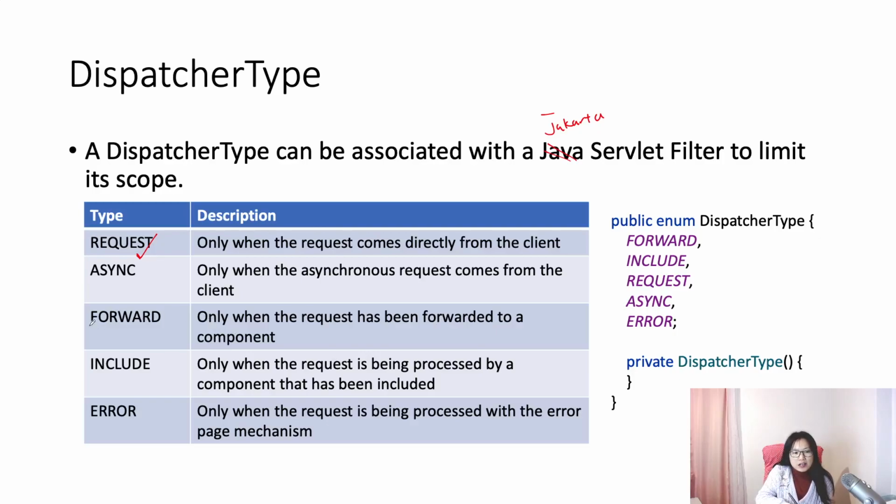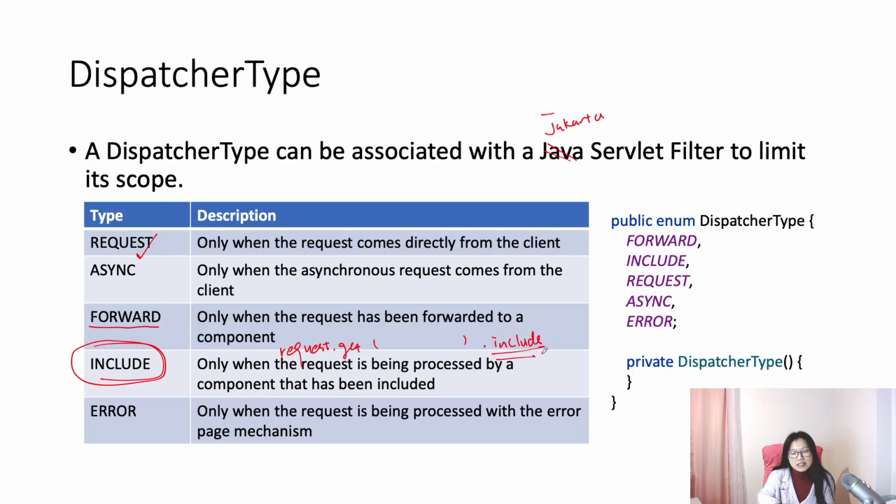For this one, do you remember in the request dot get request dispatcher, then we can use it dot forward. We can forward to another servlet, right, or another JSP. That is how forward works. And for the include, also when we have a request dot get request dispatcher, we can have include.